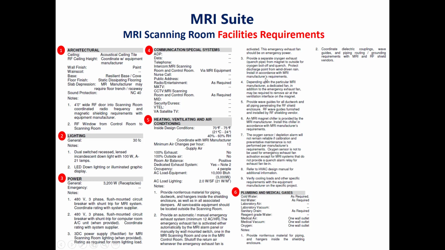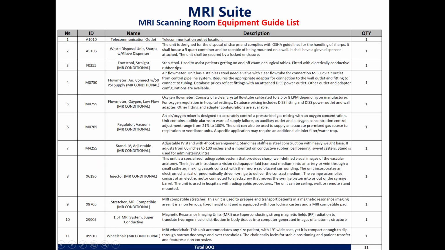For example, in the USA, they use the FGI, which is the Facility Guidelines Institute. So the facilities requirement will be important. We should consider the same requirements for every room in the hospital.